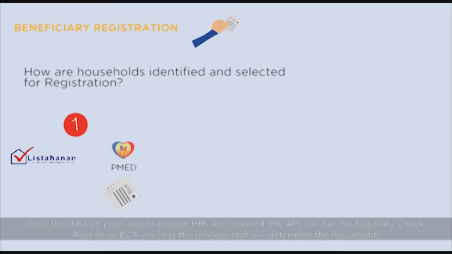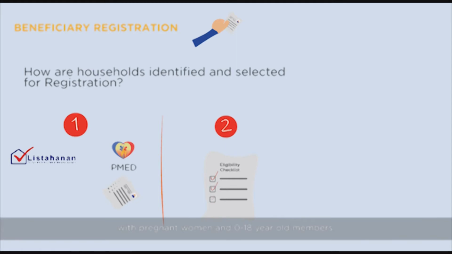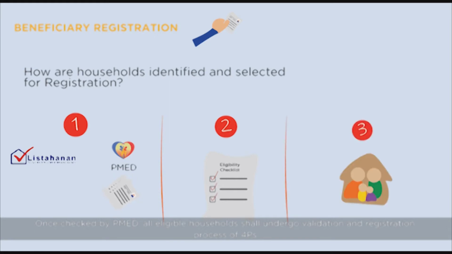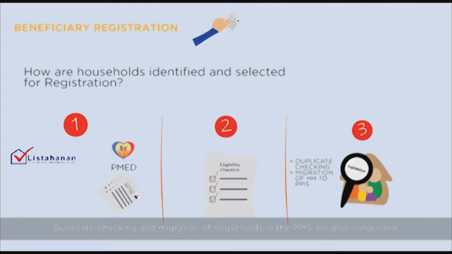Once the data on poor and near poor households are received, the 4Ps will run the Eligibility Check Routine, or ECR, which is a process that will determine the households with pregnant women and 0 to 18-year-old members. Once checked by PMED, all eligible households shall undergo validation and registration process of 4Ps. Duplicate checking and migration of households in the PPIS are also conducted.